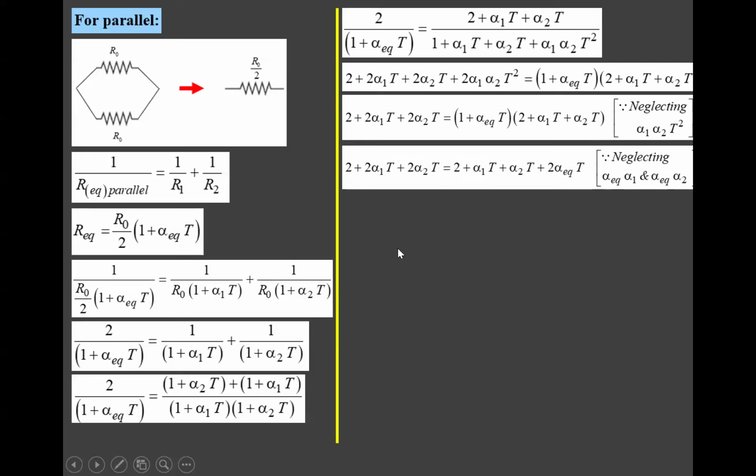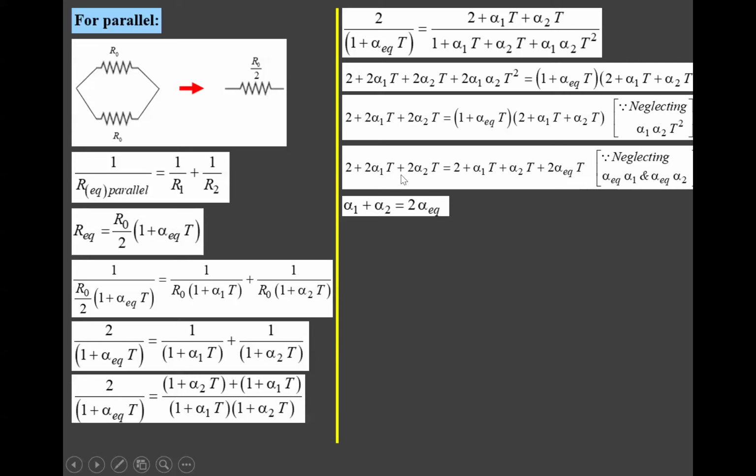Again, if we simplify the right hand side, we get 1 into 2, 1 into alpha 1 T, 1 into alpha 2 T, then 2 into alpha equivalent T. But again, alpha 1 into alpha equivalent and alpha 2 into alpha equivalent are very, very small, so we directly neglect them. Now the 2 and 2 cancel from both sides, and if we take T common, T will be cancelled.